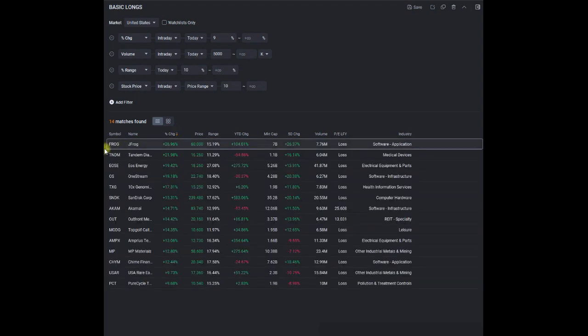We have JFrog, up 26%, TNDM up 21%, EOS up 19%, and so forth. Basically a huge list of winners. Now again, this list is based on our assumption that we want to trade stocks that are over 9%, volume is over 5 million, the intraday trading range is 10%, and the stock price is over $10.